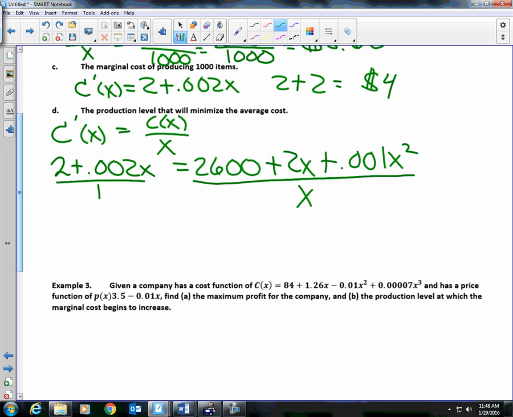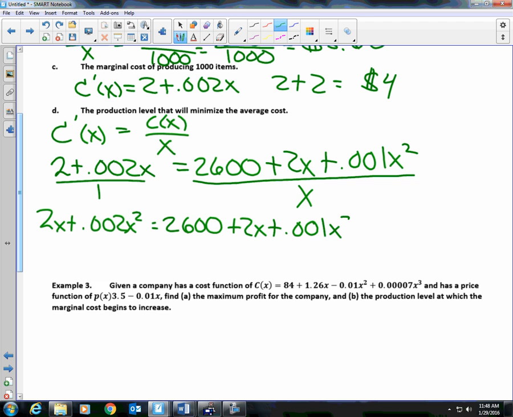So this is how we minimize average cost. We set the marginal cost function, or the derivative, equal to the average cost function. How do we solve something like that? Let's multiply. Good. 2x plus 0.002x squared is equal to 2,600 plus 2x plus 0.001x squared.